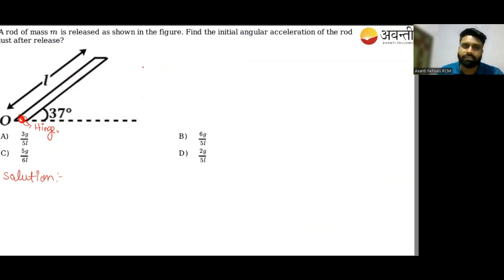Just after release. So when this rod is released, there is a gravitational force, the weight of the rod, acting downward, which is nothing but mass into gravity. This is the only force responsible for the rotation. This angle is 37.